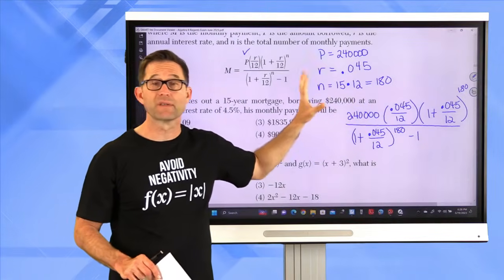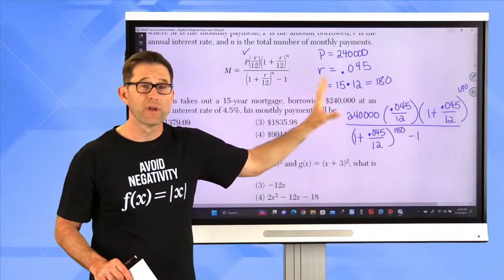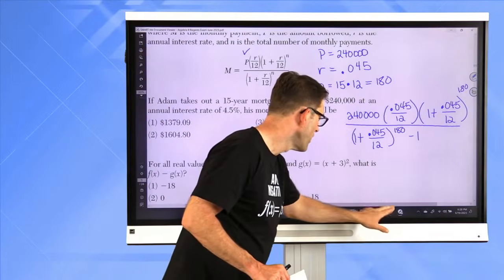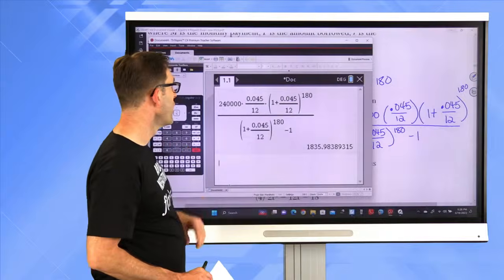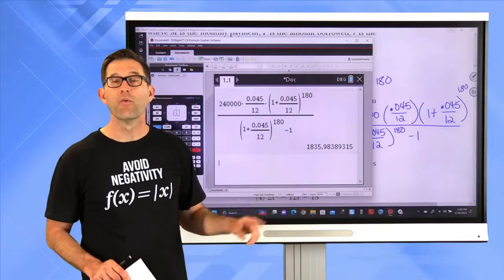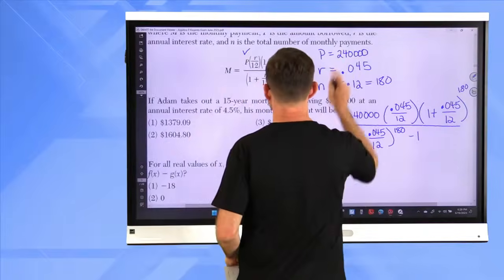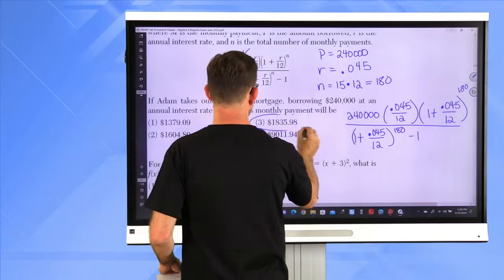And it's just about being patient, putting the formula in, making sure you know what all your values are, and then hitting enter and hoping, right? So my monthly payment is $1,835.98. And that is right here.